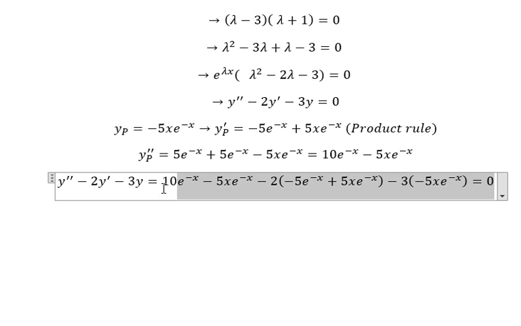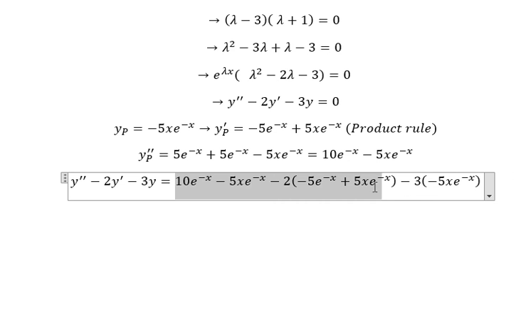So we simplify this one. Oh, sorry, not equal to number 0. So we need to simplify this one.